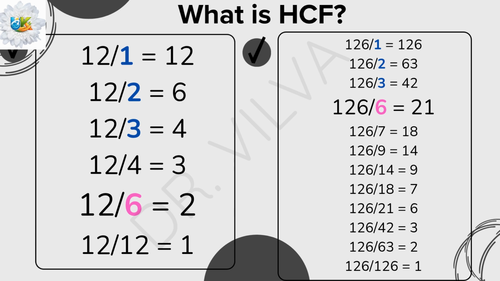If you check these two lists, 1 is common between these two, 2 is also common, 3 is also common, 6 is also common. But 6 is the winner. That is the highest number that appears in both lists. So, the highest common factor is the largest integer that divides both numbers exactly.